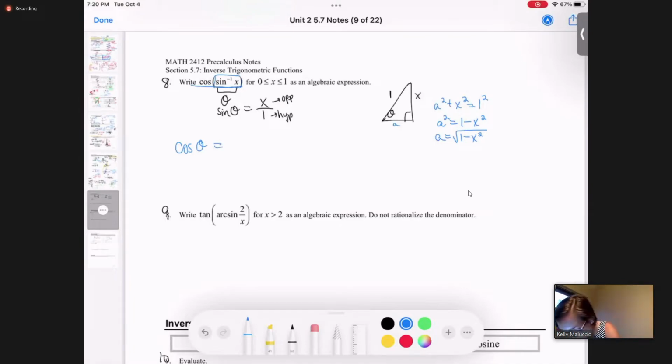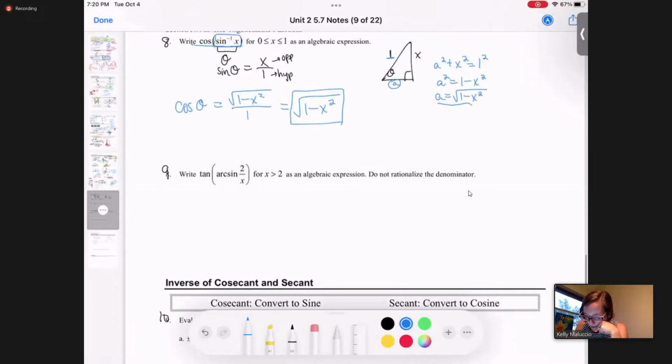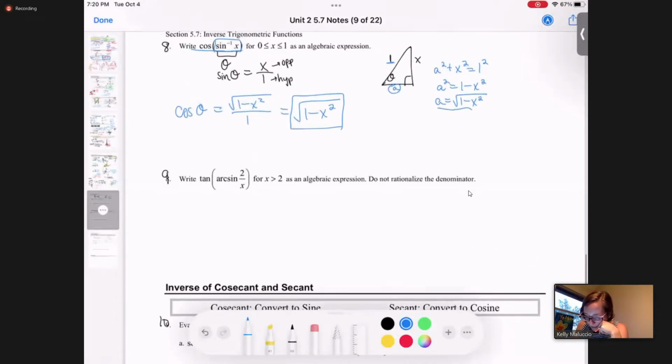It's going to equal my adjacent, so my a side, over my hypotenuse, 1. So the square root of 1 minus x squared divided by 1, which is just the square root of 1 minus x squared. Right? So there's my cosine.